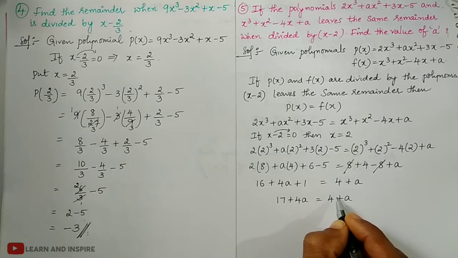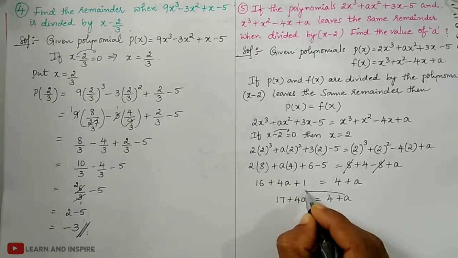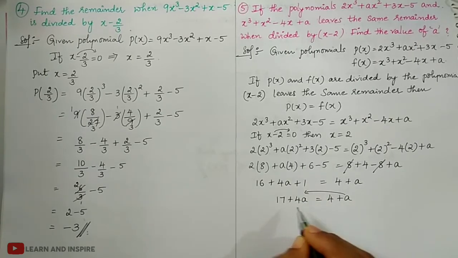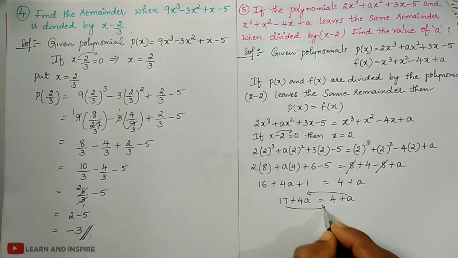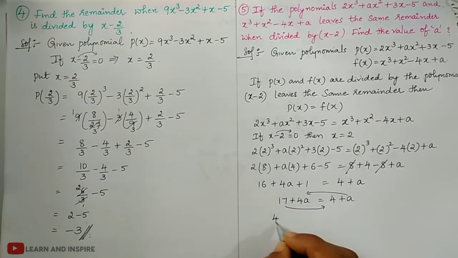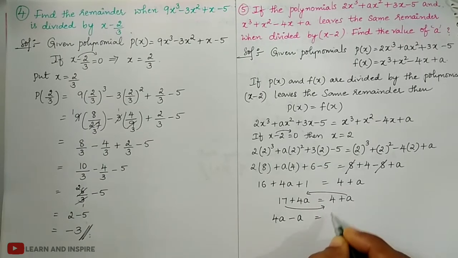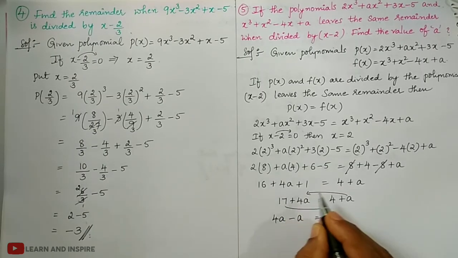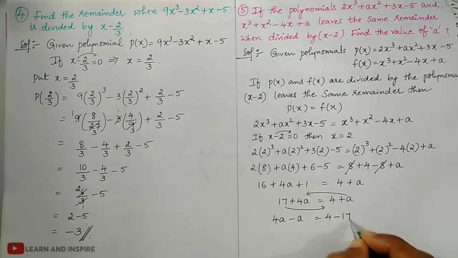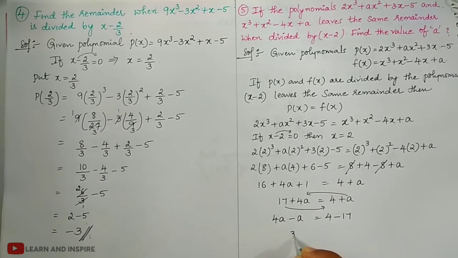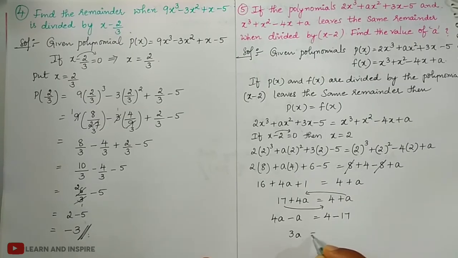Now transpose this a to the left side, that is the variable, and the constants to the right side. 4a as it is. If I transpose plus a, it becomes minus a, equals 4 as it is, and if I transpose plus 17, it becomes minus 17. Okay, 4a minus a is 3a equals 4 minus 17, which is minus 13.